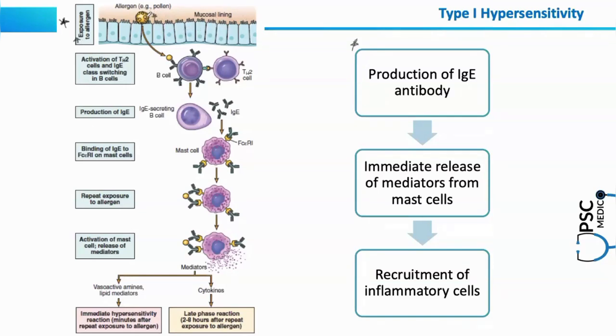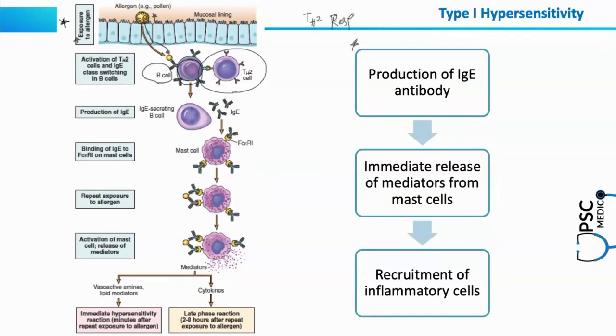Whenever there is an exposure to the allergen, the B cells, the B type lymphocytes which are freely floating, bind the allergen. The antigen binds to the B cell, and there is an activation of the T helper 2 response.